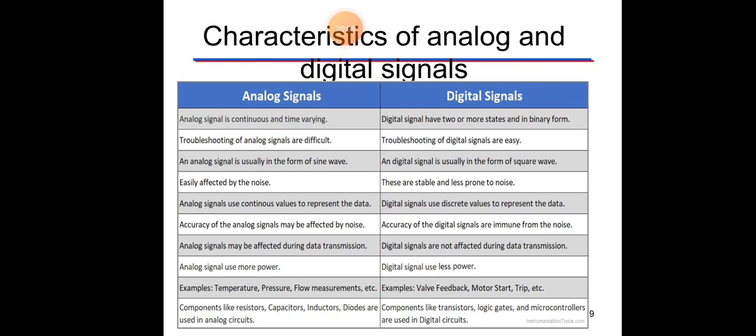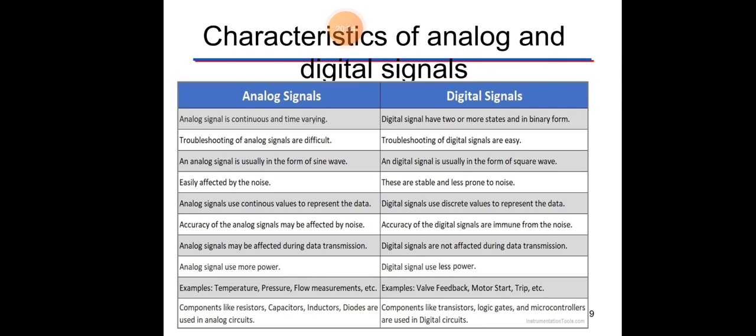Then components like resistors, capacitors, inductors, diodes are used in analog circuits, and components like transistors, logic gates, microcontrollers are used in digital circuits.